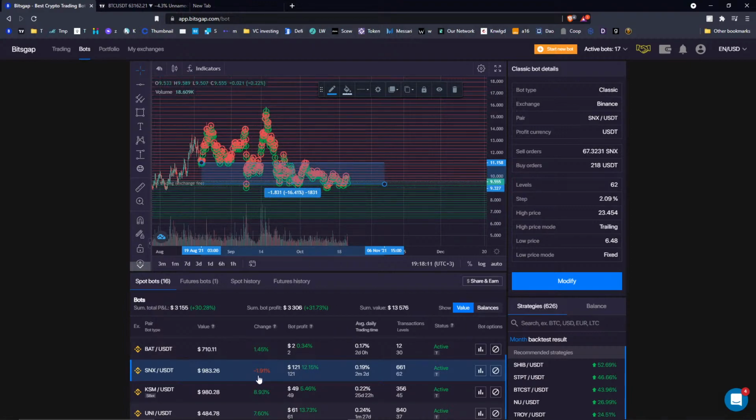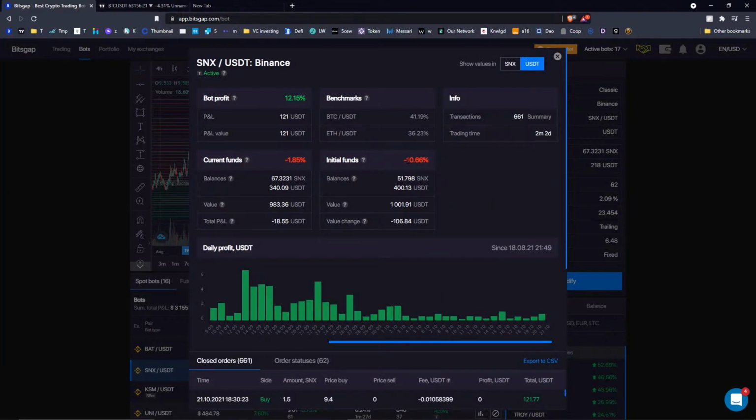But thanks to the bot, it's just -2%. We can actually compare it. You see, if not for the bot, it would be -10% or something, -$106. But thanks to the bot, which made me money even on the falling market, it offset this whole market plunge, and I'm having only -2%.